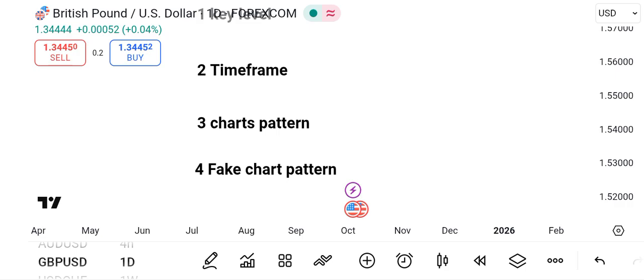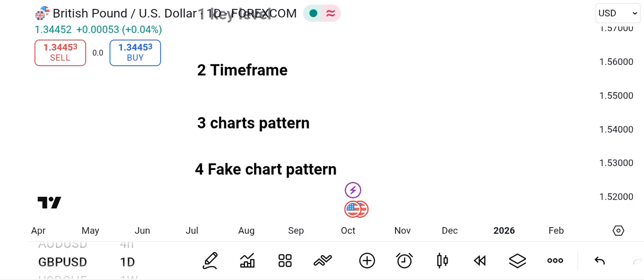And the fourth one is what I call a fake chart pattern. Note, after this sketch, I will also be showing you on a real chart for you to understand what I mean. So the fake chart pattern, in the sense that these guys know that we know that what reverses the market is the chart pattern. So what they do is they fake that pattern in the middle of nowhere.